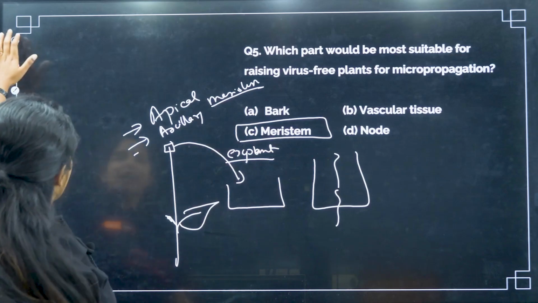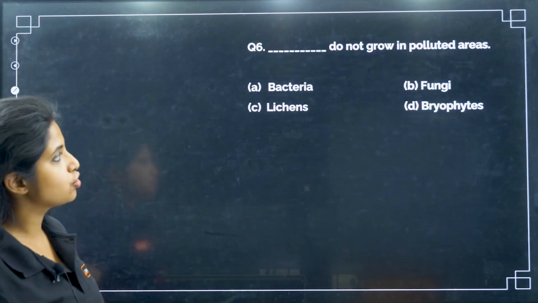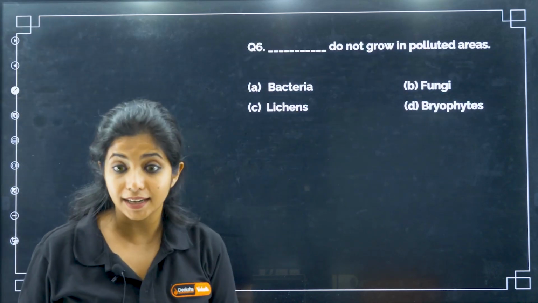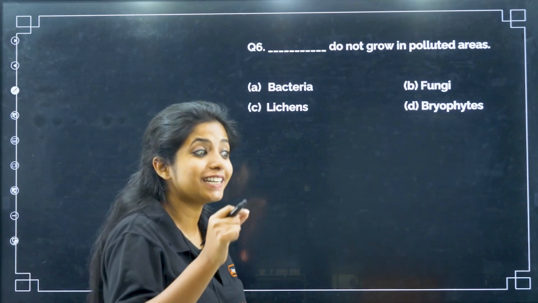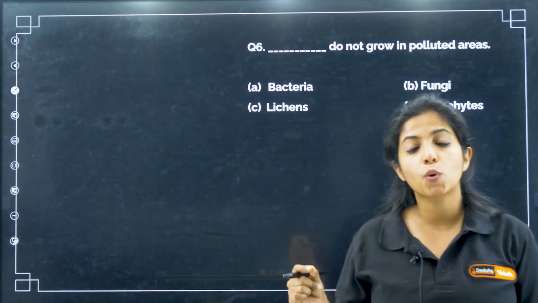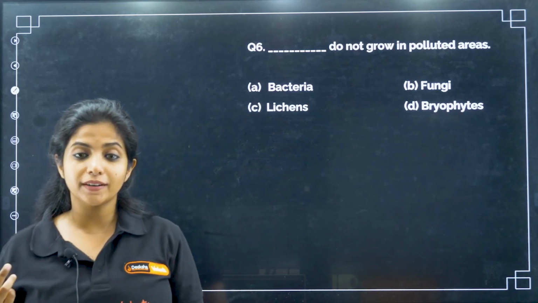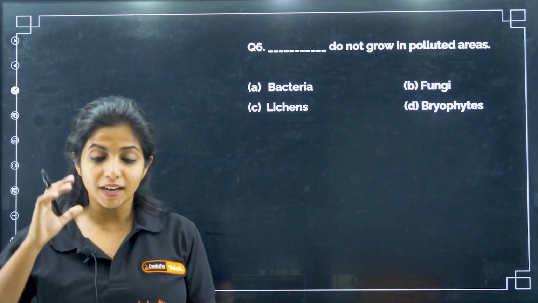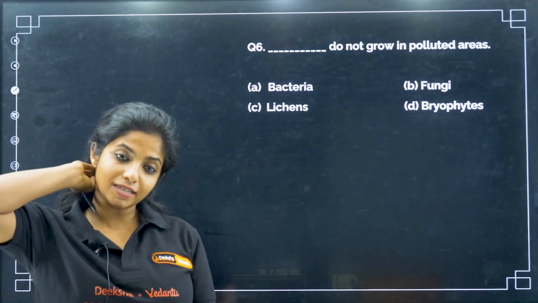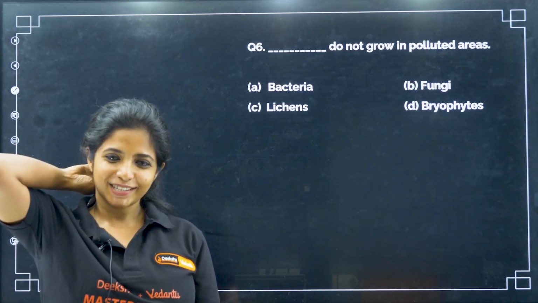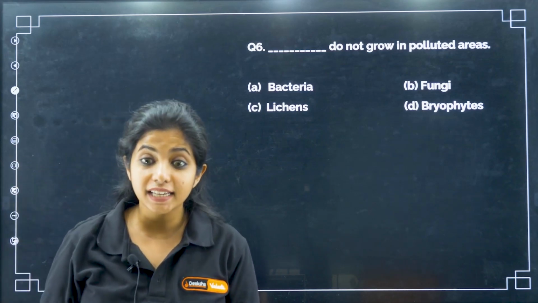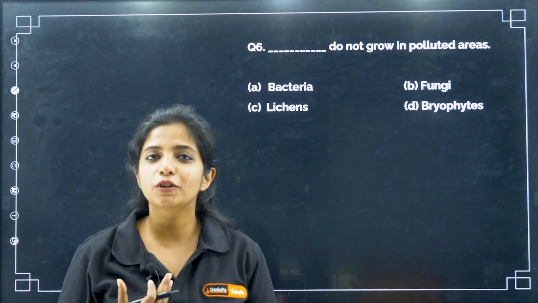Cool? Now going ahead to the next thing. Dash does not grow in polluted areas. So dash is a pollution indicator as well, because it does not grow in polluted areas. If you know the industrial melanism experiment done during Charles Darwin's time, my dear children, you would be able to answer this question as well. So what is that thing? It was lichen which was not able to grow in polluted areas.